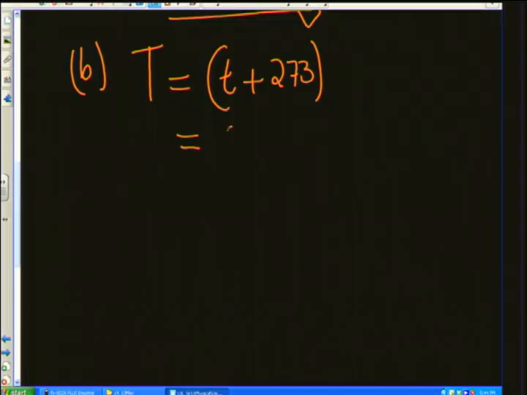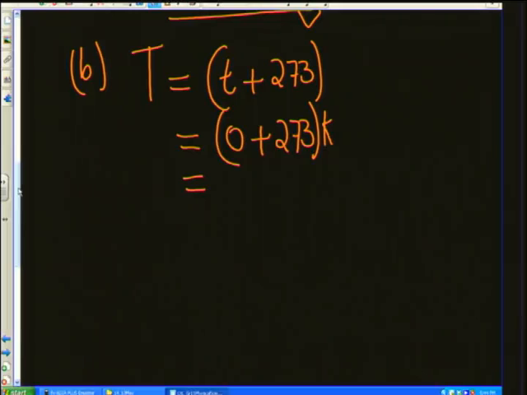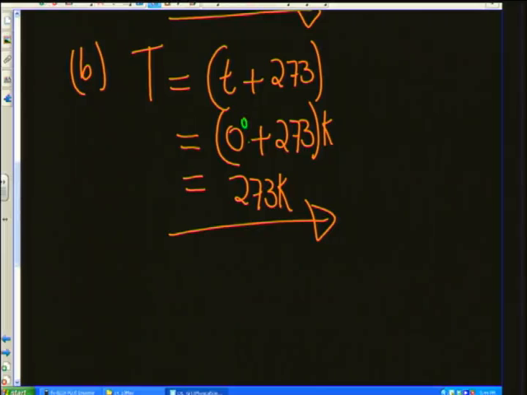We've got 0 plus 273, and when you have added everything together, that gives you 273 Kelvin. So 0 degrees Celsius is 273 Kelvin.